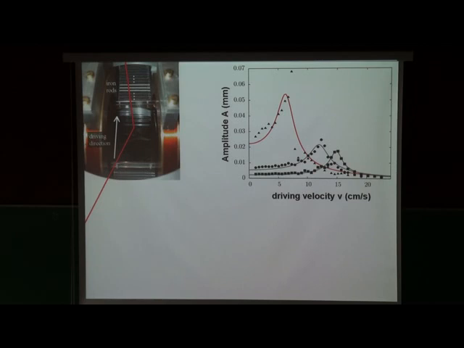You apply a constant induction, then you are driving the flow, and you get a maximum. This is a maximum because you have a resonance of the driving velocity of the belt with the propagation velocity of the free surface waves. So it's just a resonance phenomenon.